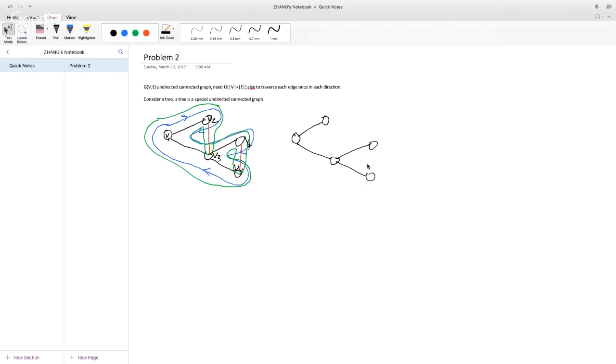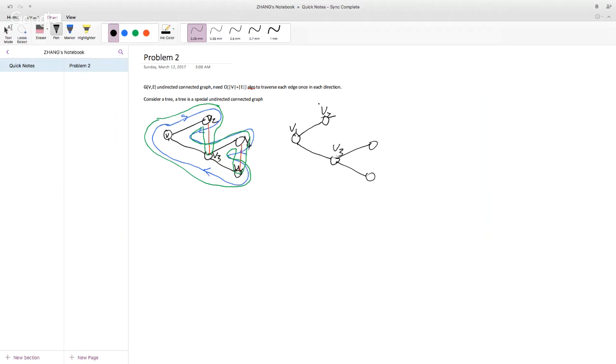It's very easy to solve this recursively. Suppose we start from V1, and from V1 there are two edges: one from V1 to V2 and one from V1 to V3. If we pick the path from V1 to V2, now we are at V2.